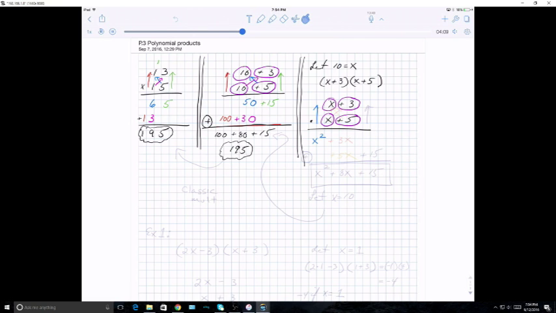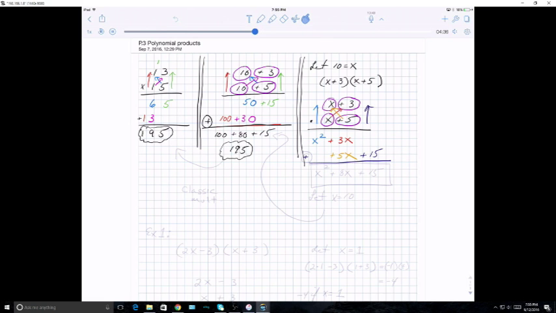Then we have x times positive 3, or plus 3x. Then we have, orange, positive 5 times x, so that's a positive 5x. And the last one would just be the 5 and the 3. They both are positive, so this is positive 15.